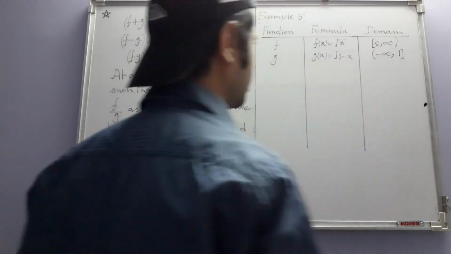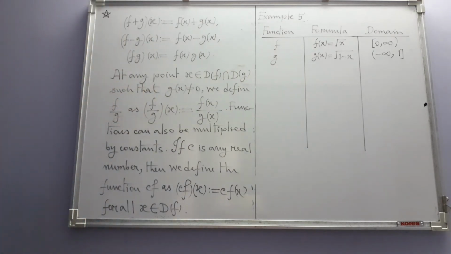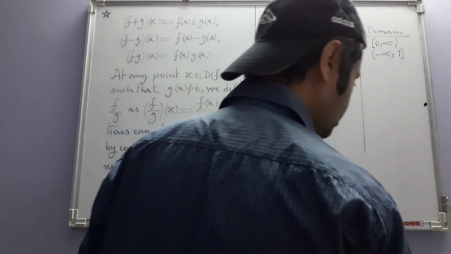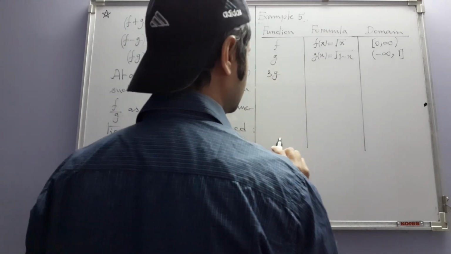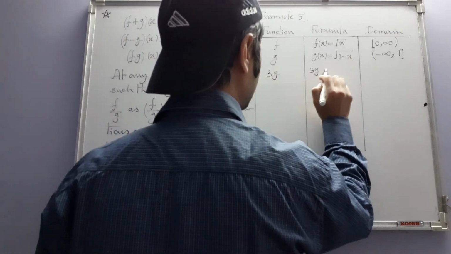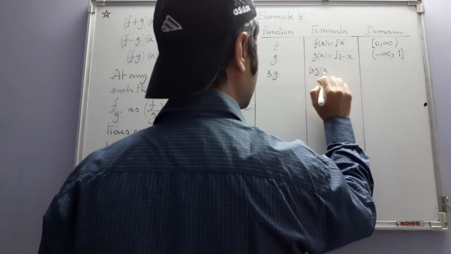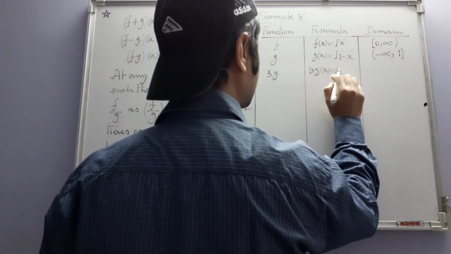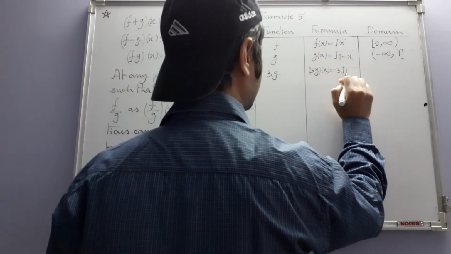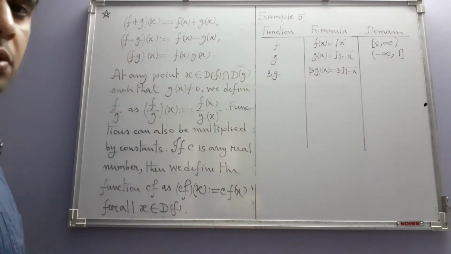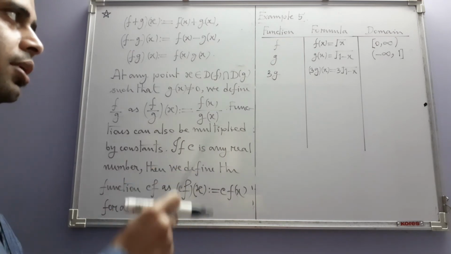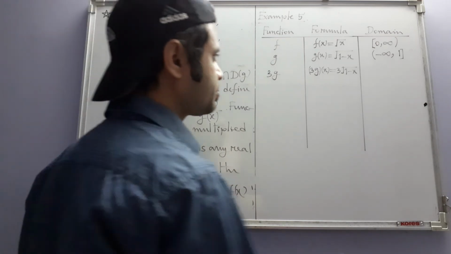So these are our two functions, f and g. Now we just calculate. First of all, we see what 3g is. It is defined at x by this formula, by first of all using the definition of 3g and then using the formula for g.